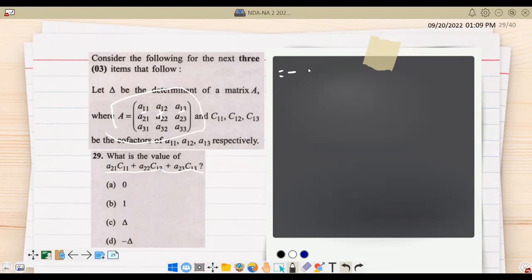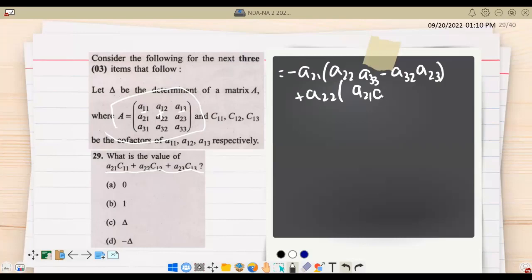So minus A21 into cofactor C11, which is A22 A33 minus A32 A23. Next plus A22 into C12, which is A21 A33 minus A31 A23.